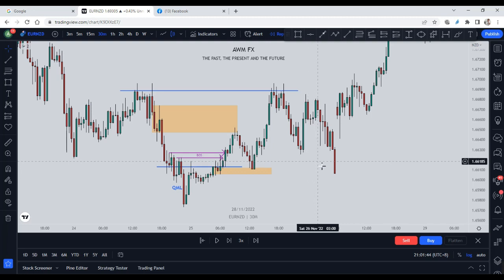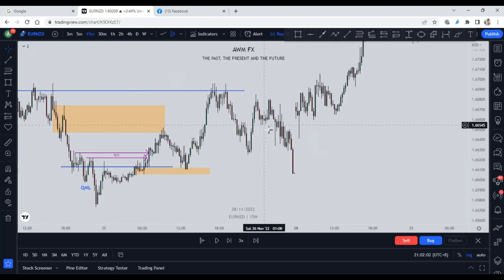You should never ever risk your money. If you didn't catch this trade, or you didn't take your profit, there is of course another chance right there: another QML, a continuous QML, for you to enter. And of course your take profit should be very obvious.